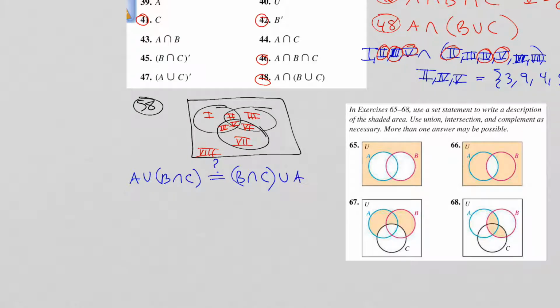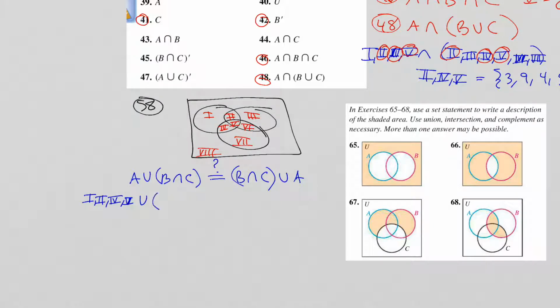So A, if you remember, is 4 regions. I mean, not remember, you can just look at the diagram I just made there. So that's going to be 1, 2, 4, and 5.